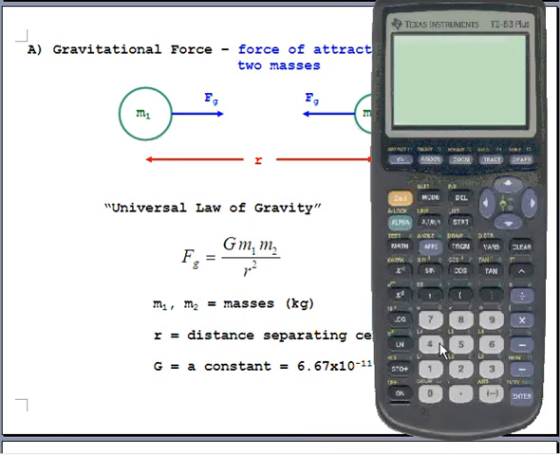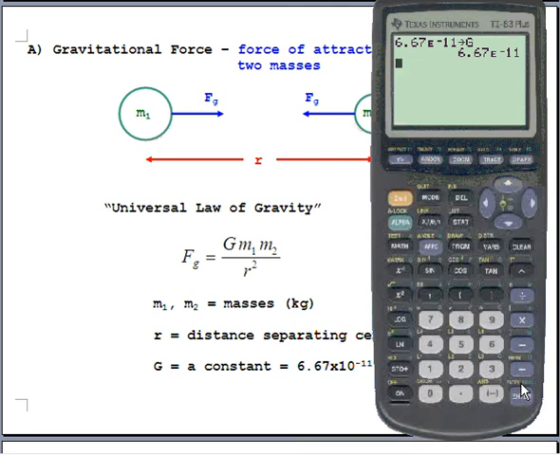So those of you with graphing calculators, I want to show you something cool. You can actually store that number as the letter G in your calculator. So if you've got a graphing calculator and you type in 6.67 EE negative 11 and then hit the store button, which I'm circling right now, it's right above on. You'll see a little arrow shows up, and then you want the letter G. So to get that, you hit alpha tan or alpha G, hit enter, and it should spit that number back out at you.